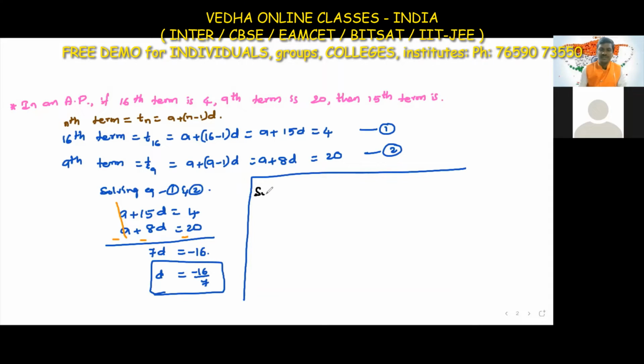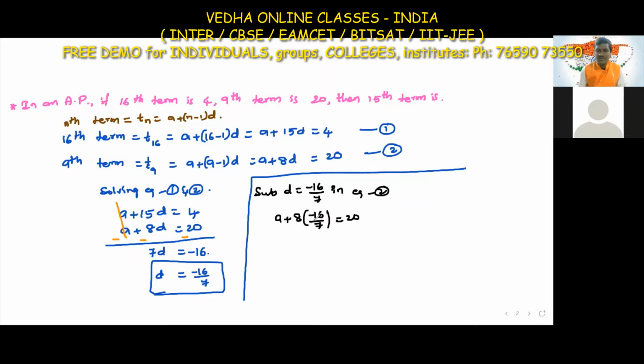Substituting d is equal to minus 16 by 7 in equation 2: a plus 8 into minus 16 by 7 is equal to 20.